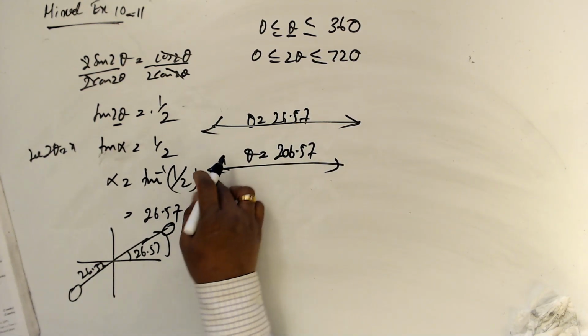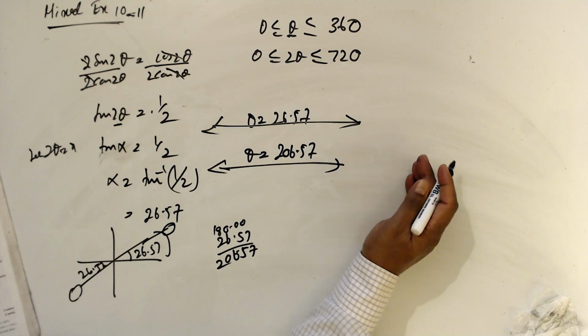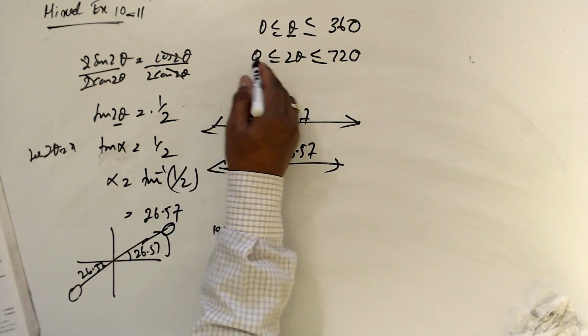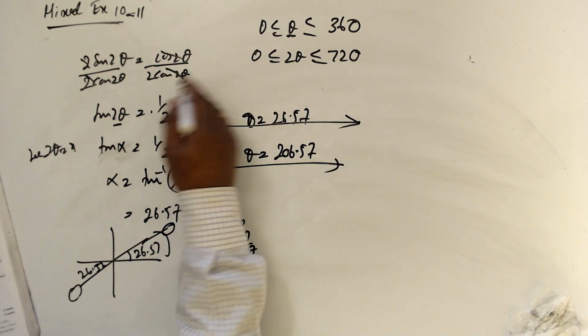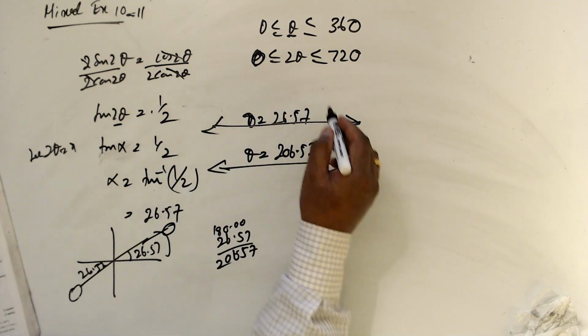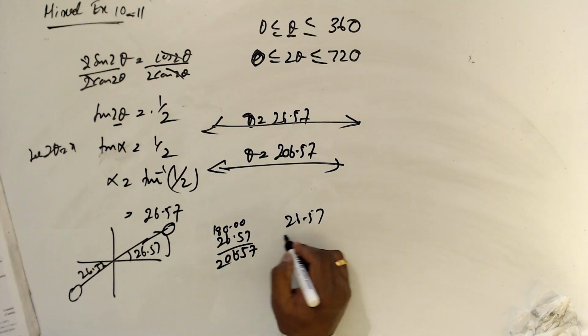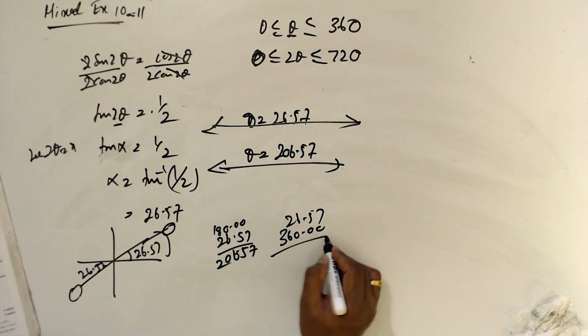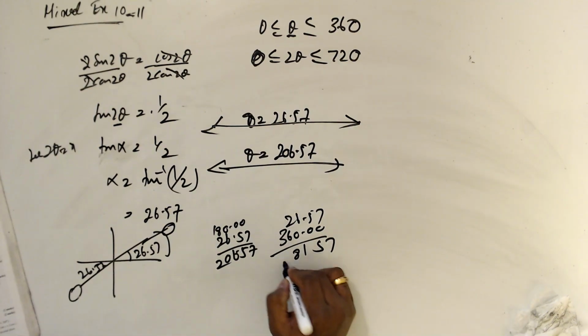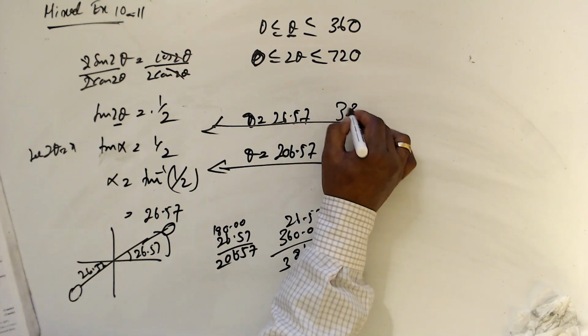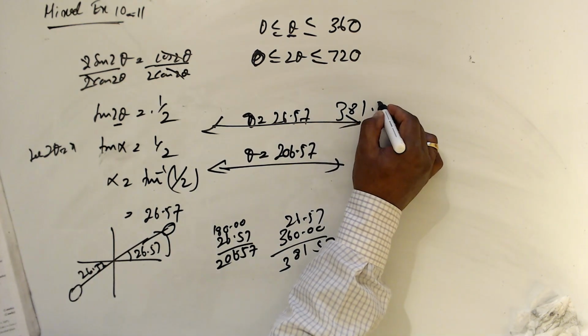We can add or subtract 360, but there is no point going backward to the left side by taking 360 down, because the minimum is 0. We'll add 360 to 26.57, which gives 386.57.